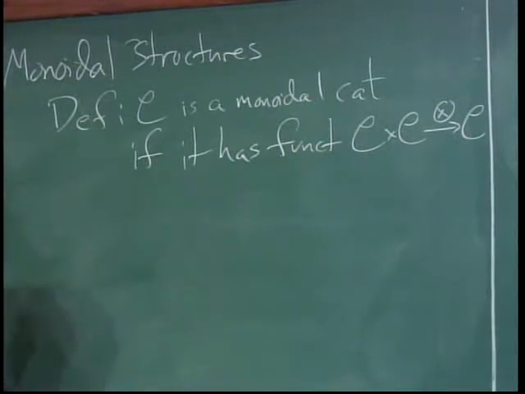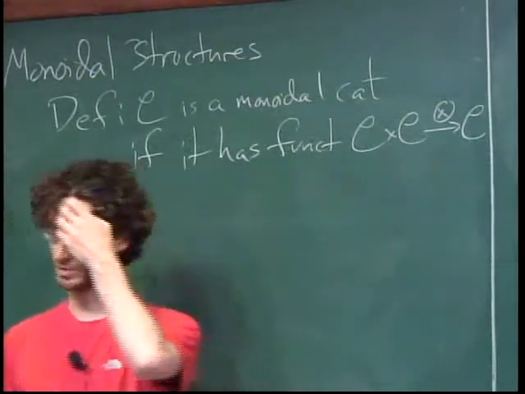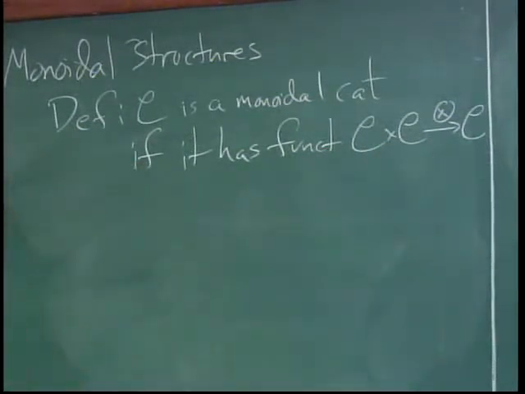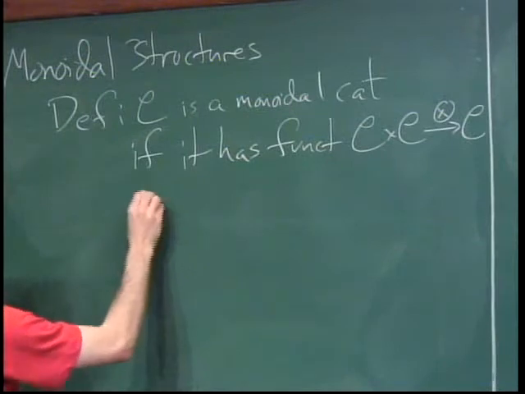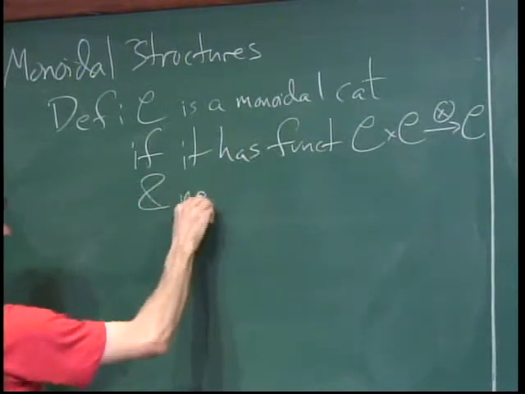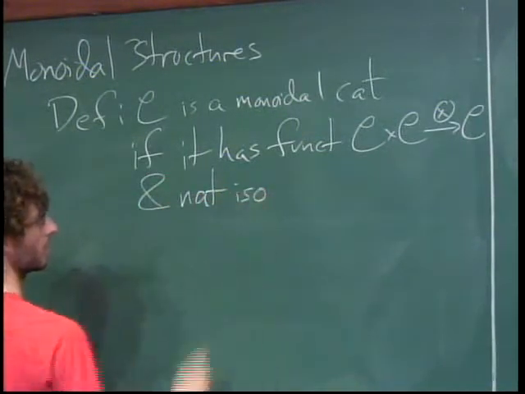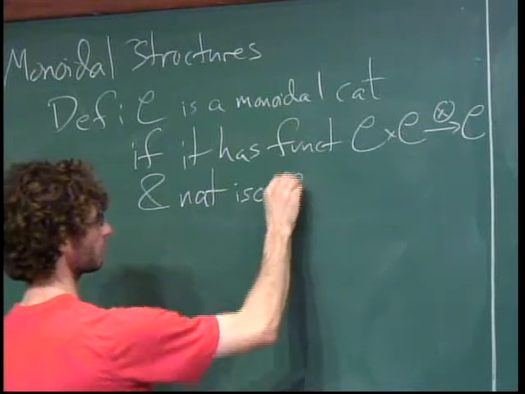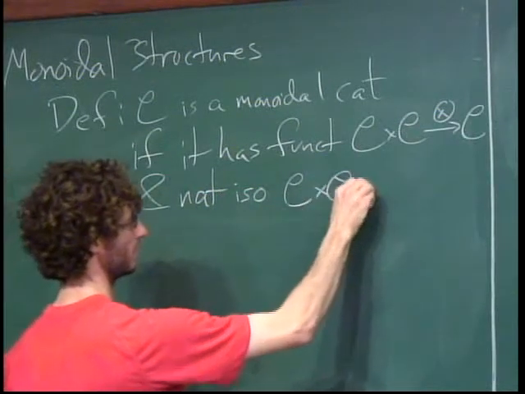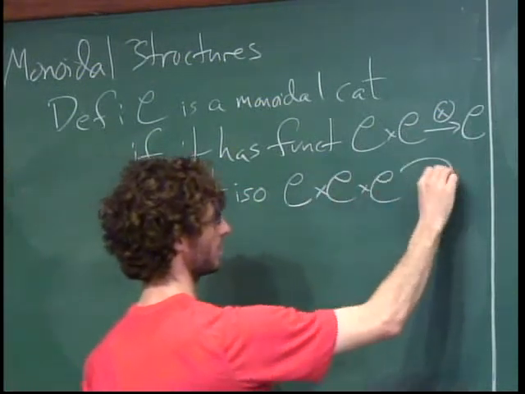And then the issue is because we're in a categorical setting, we don't want to just demand strict associativity. We want some kind of weak associativity condition, which is going to be given by a natural isomorphism between ways of multiplying 3 objects.